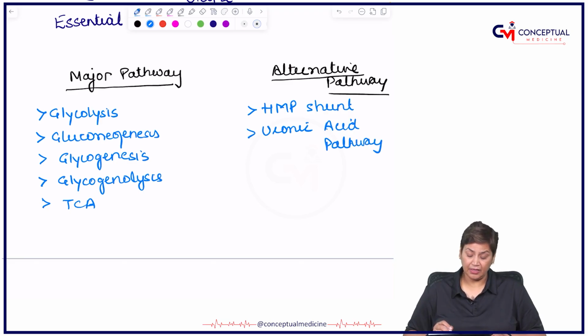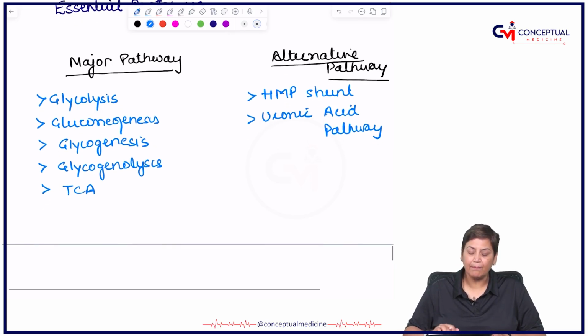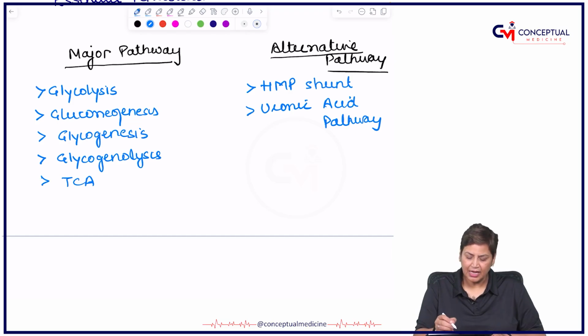Right. Now the question is that major pathways are there, minor pathways are also there. Along with glucose, we are having galactose, we are having fructose also in our diet. So when we are having galactose and fructose in our diet, how are they oxidized? They will be alternative, or I would say they are the minor pathways, because along with that we are eating other things. So what are the minor pathways?